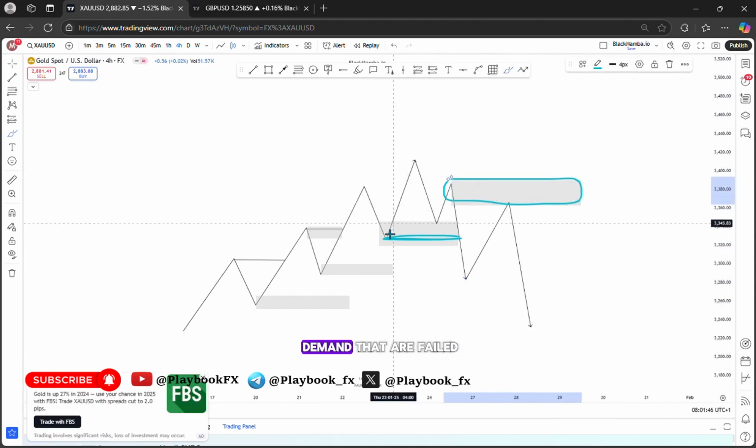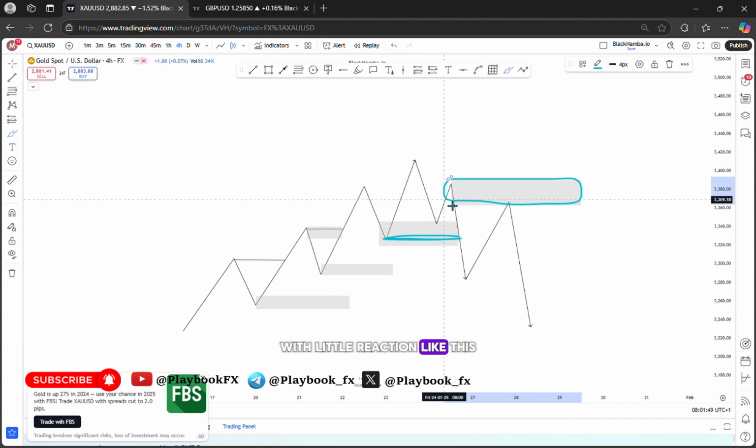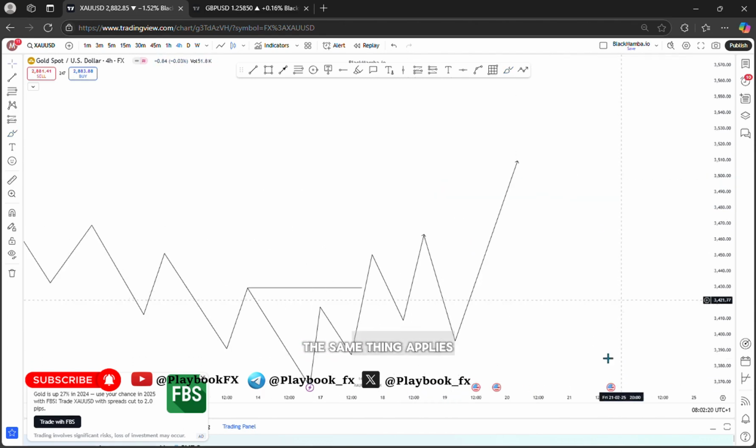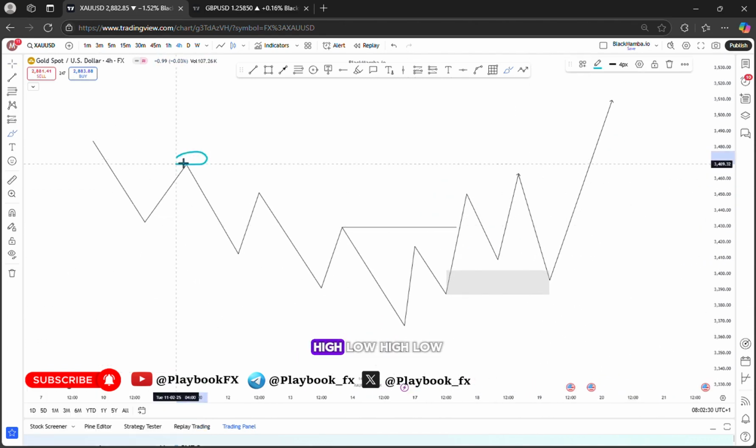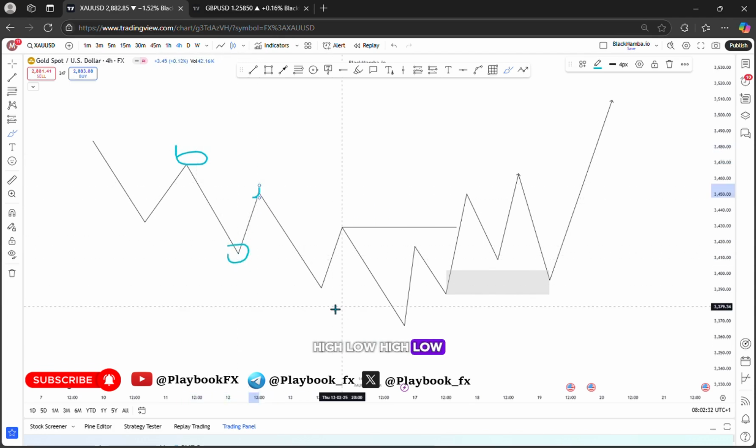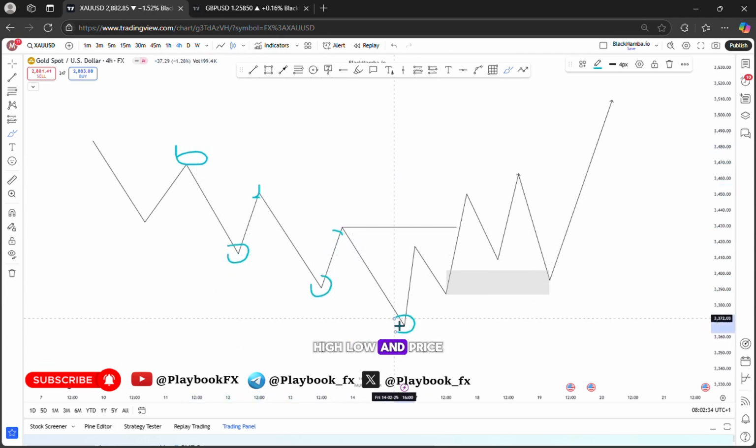When you have a demand that failed with little reaction, this reaction is what flips this demand to supply. The same thing applies in a bearish scenario. High, low, high, low, high, low, and price created a high here.